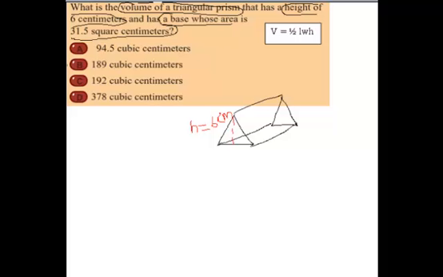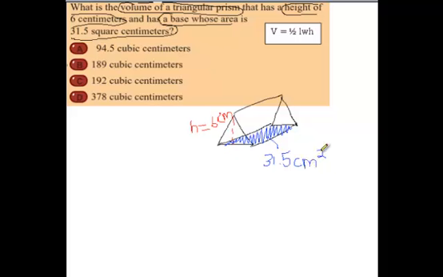So here's what they mean, and again, I don't expect you to know this or understand it, but this part here, they're calling the base, and they're saying that that area is 31.5 square centimeters. Okay? So, there you go.